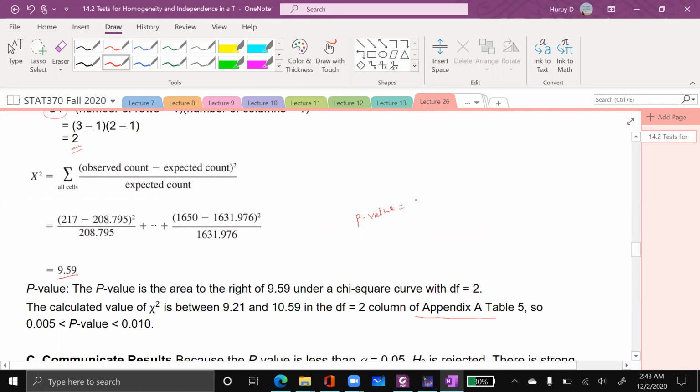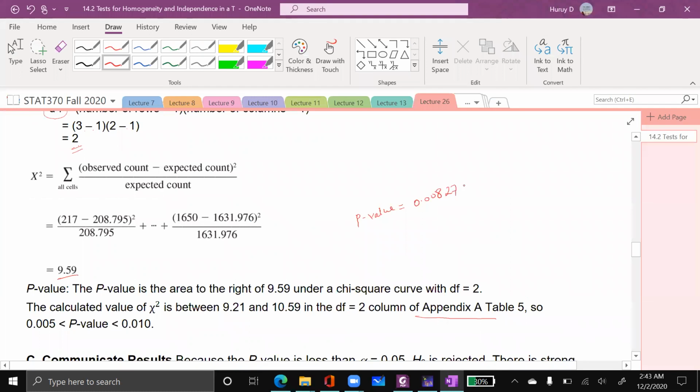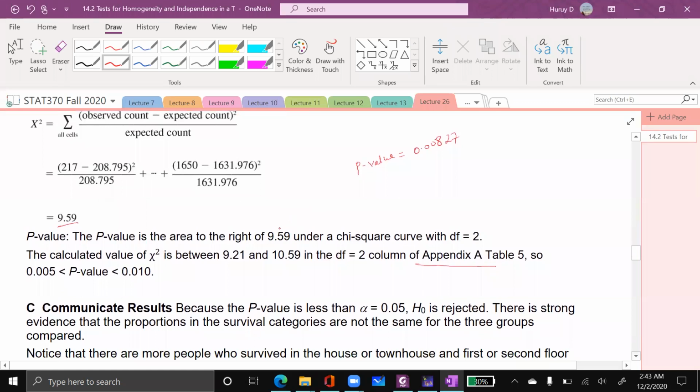This is to be exact, but the table may not give you the exact value because you cannot find all the degrees of freedom in the table. Okay, but you can be systematic. Since 9.59 is between 9.21 and 10.59, both these numbers are in the table for degrees of freedom 2.